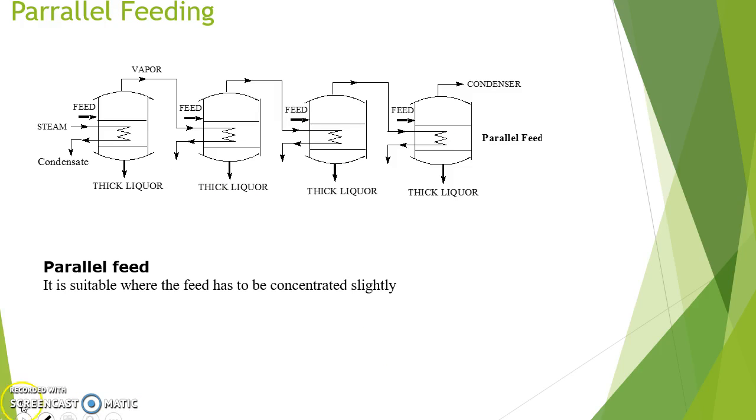Now the last method is parallel feeding. In this method, feed is supplied in all the effects, first effect, second effect, third effect and fourth effect separately, and the product is also collected in the form of thick liquor from all the effects separately.